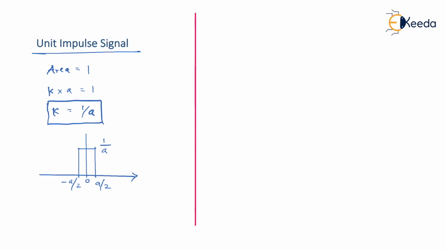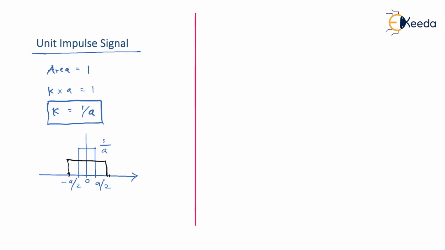Is that right? So one thing is quite sure, that area is always 1 for unit impulse signal. What does that mean? Suppose if you expand this width, then height must be reduced, so as to keep unit area.